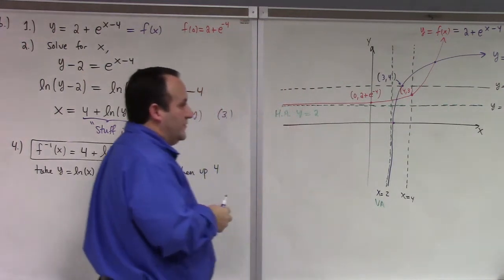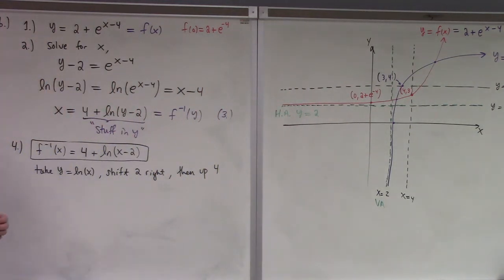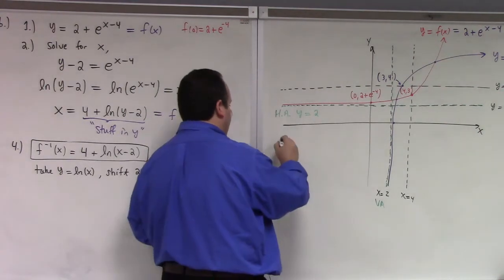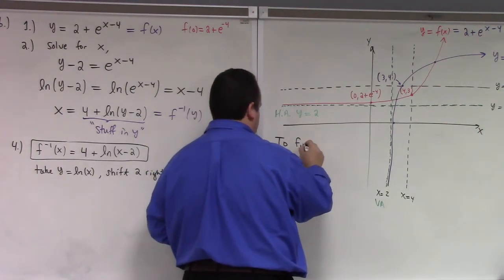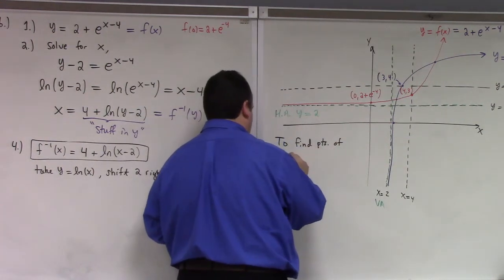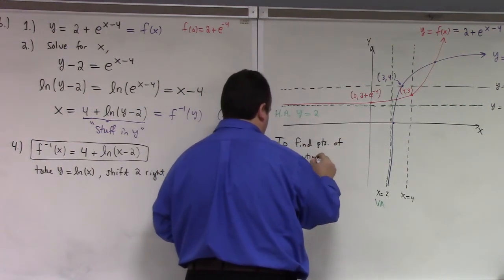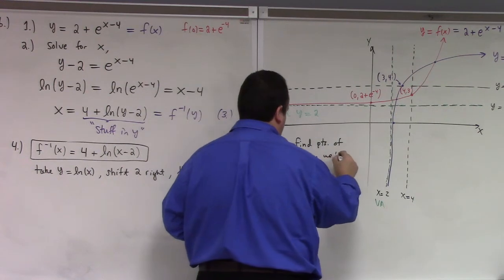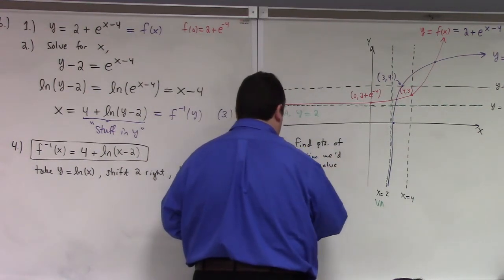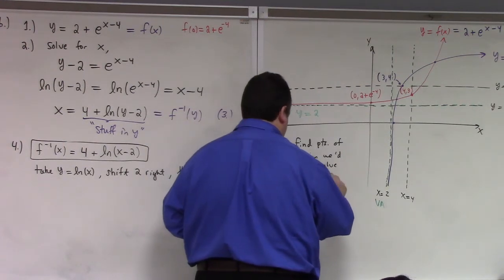How would you find those points of intersection between the graph of the function and the graph of the inverse? What would you do? Yeah, exactly. To find points of intersection, we need to solve f of x equals f inverse of x, yeah?